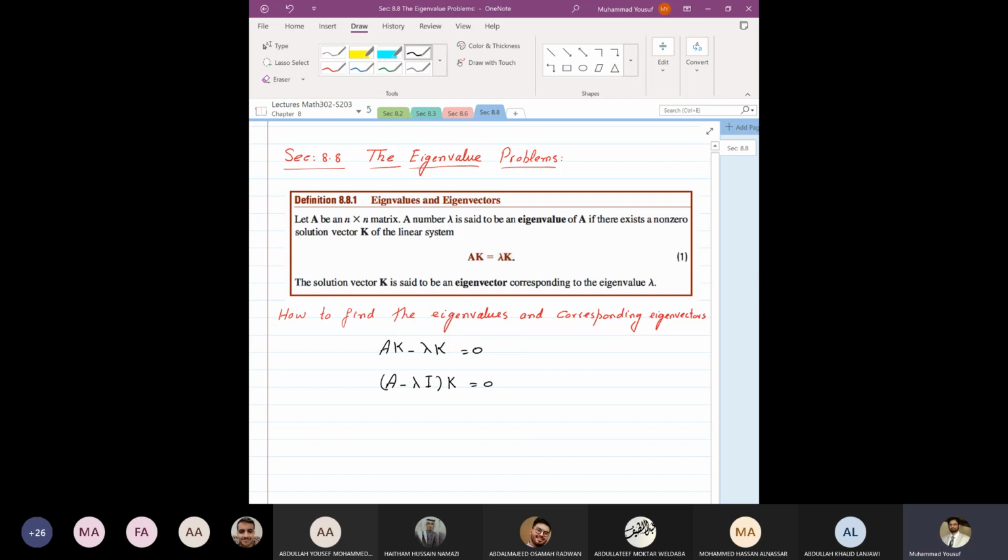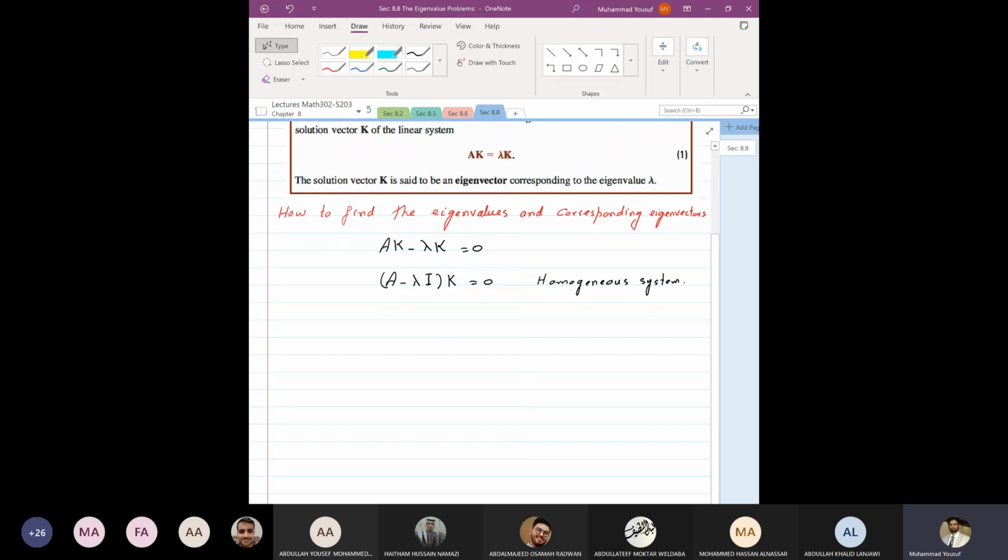Now this is a homogeneous system. You know, this right-hand side is not a number, it is a column matrix. Now this homogeneous system has a non-trivial solution.